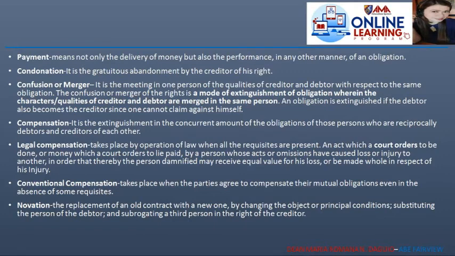Kahit pa hindi present ang mga requisites kailangan para mabuo ang fulfillment ng obligation, kung sila mismong parties ay nagkasundo na mutually ini-extinguish na natin ang obligation sa isa't isa kahit wala pang ganito, halimbawa delivery man yan or what, we call that conventional compensation, parang modified version, class, for as long as there is consent and acceptance for both parties.